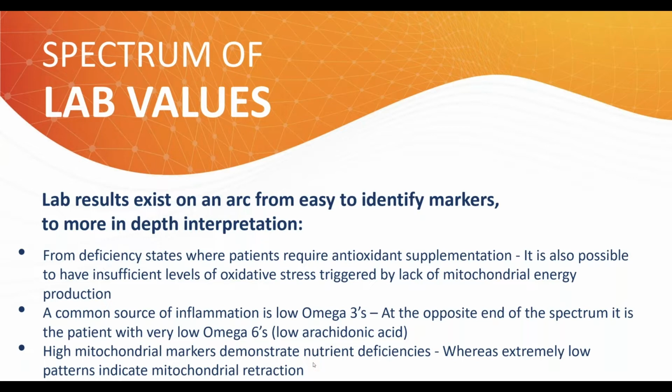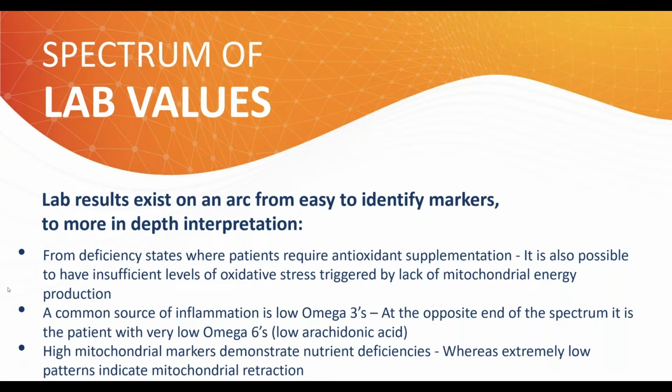We're all trained very well that when you see these markers are high, there's a problem and you want to give CoQ10 and magnesium, the things that get the mitochondria better. But what about when those markers are all really low? What does that mean? That's always been a little bit of a mystery to all of us.